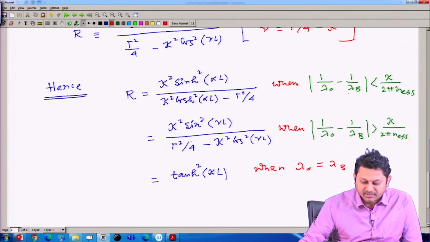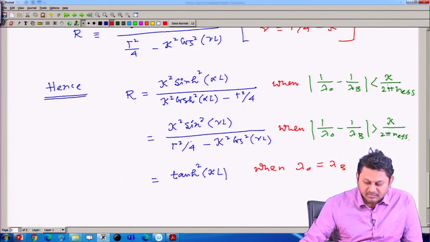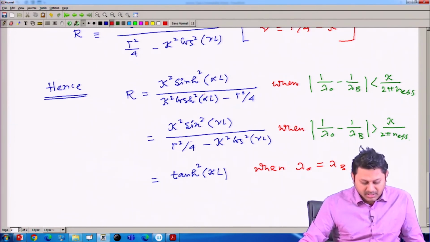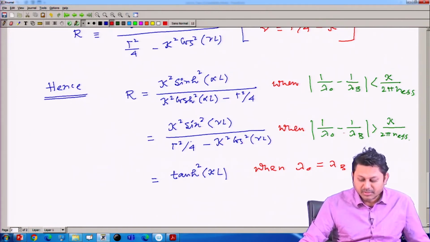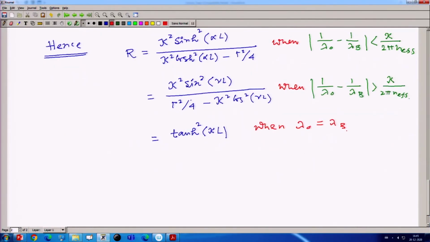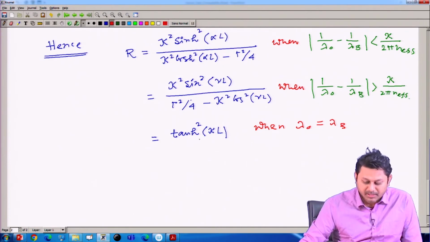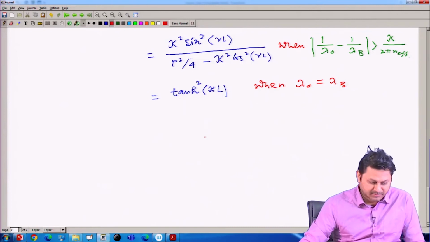So, there are 3 conditions. One is mod of 1 by lambda 0 minus 1 by lambda b less than kappa divided by 2 pi n effective, I have this R. I can have a different expression of R when it is greater than kappa divided by 2 pi n effective, and when lambda 0 is equal to lambda b, then I have the peak reflectivity. So, exactly at Bragg condition we can have a reflectivity of this form.